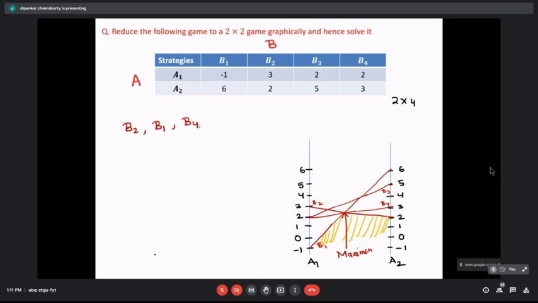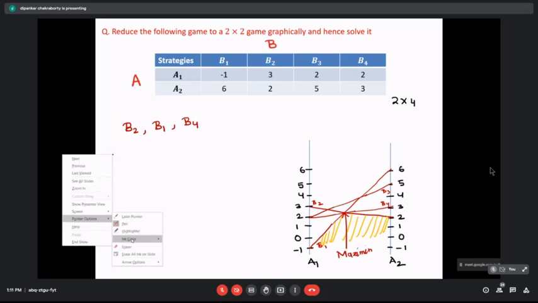Yes, sir. Now to solve this problem, we are going to take the combinations B1, B2, B1, B4 and B2, B4. We are going to find the solution of each 2 cross 2 game. By considering B1, B2, you are going to get one pair of matrix.